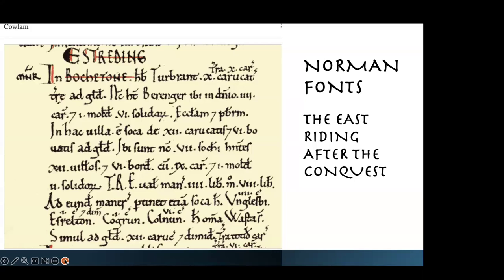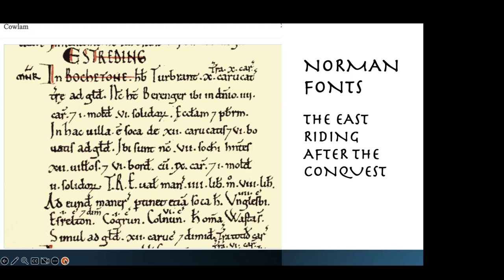Now then, I'm confining this talk to Norman fonts and the East Riding for reasons which will become clear, because there are so many of them. But it's basically the East Riding after the conquest. In the century or so after the conquest, the visual experience of the Christian changed.